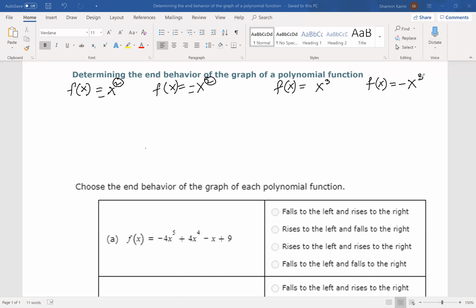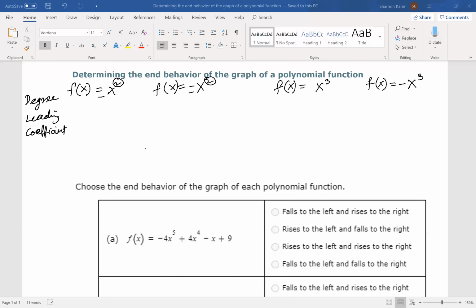So what we are concerned about is the degree, is it odd or even, of the polynomial, and the leading coefficient, if it is positive or negative.